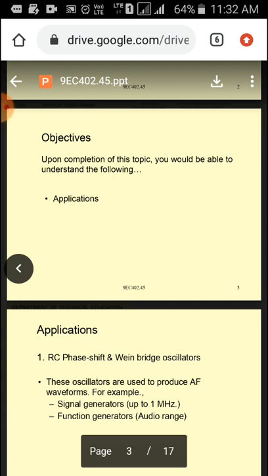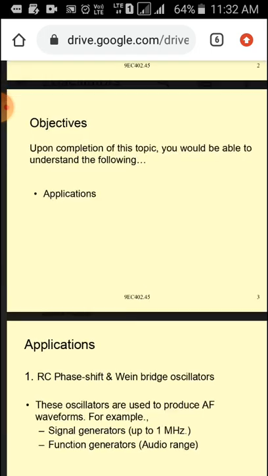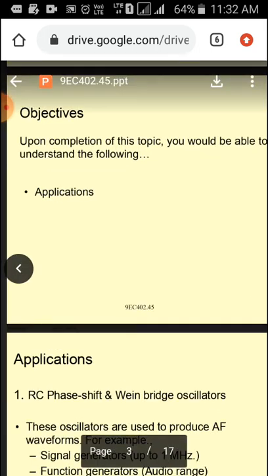Now, in this slide, objectives. Upon completion of this topic, you would be able to understand the following applications.